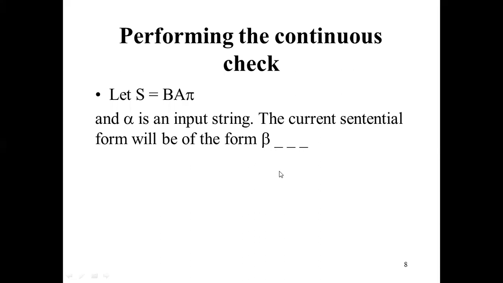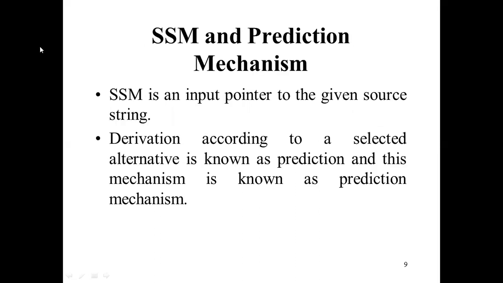We can choose this option beta from that given particular grammar and so on. So we will choose this from the given grammar as per the input string. This is called the continuous check. First we will check the grammar, and after that we will apply the SSM and prediction mechanism.